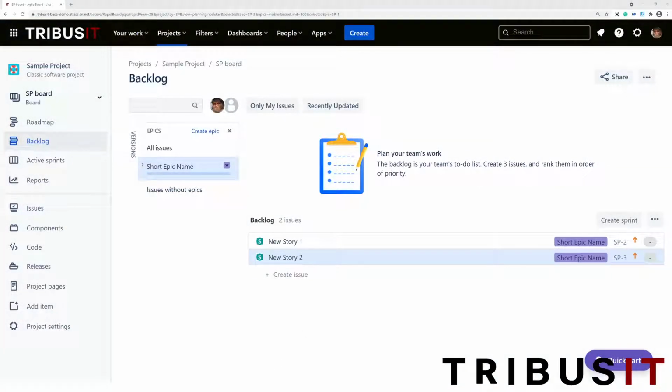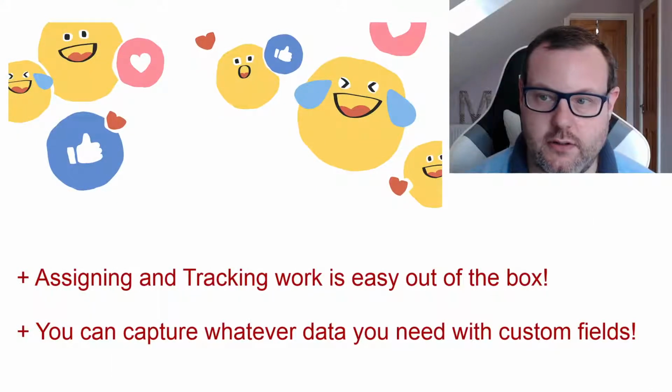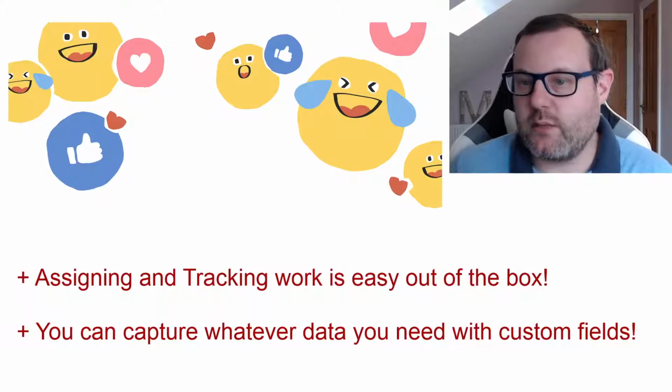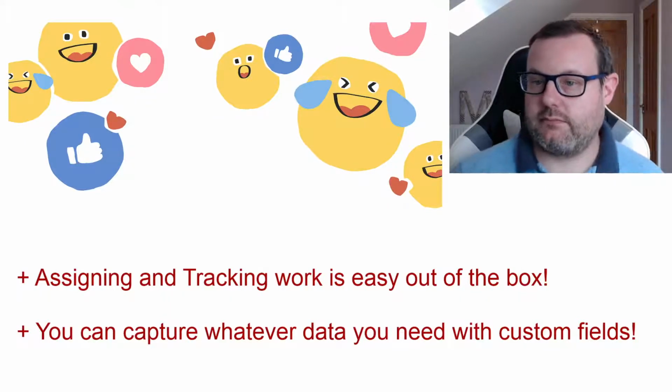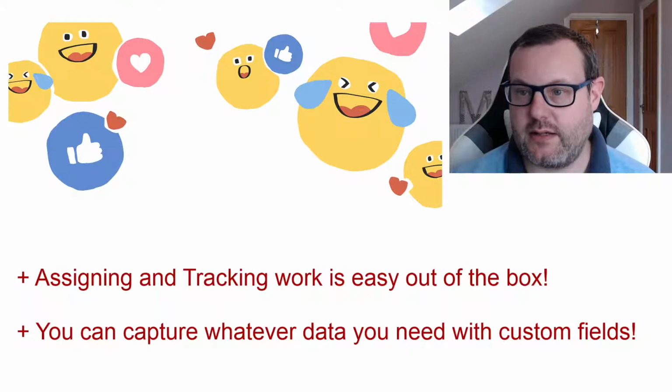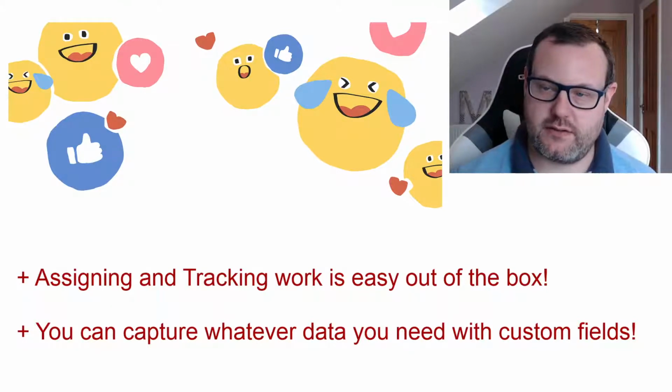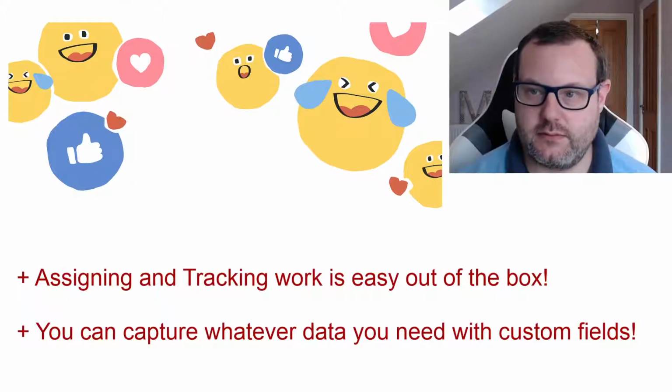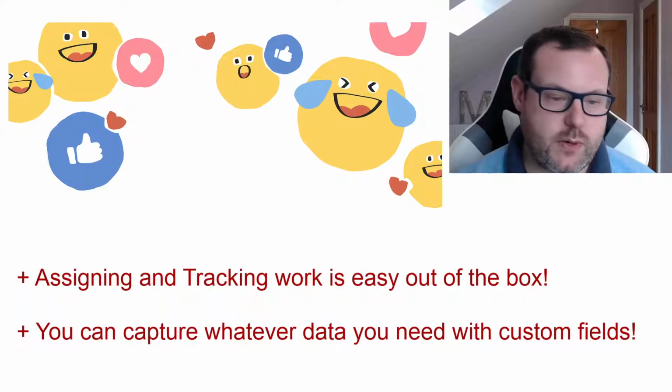Okay. So hopefully you can see there, assigning and tracking work is pretty simple, just out of the box. You can capture what data you need with custom fields if the standard screen is not enough to meet your requirements.